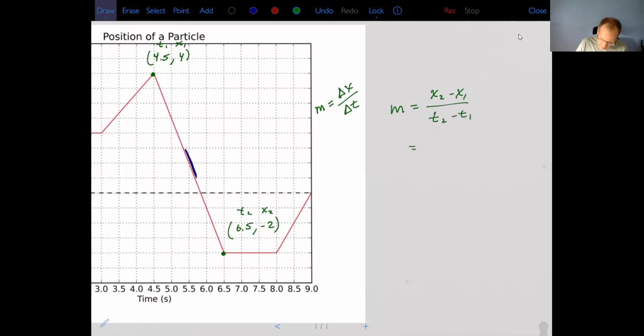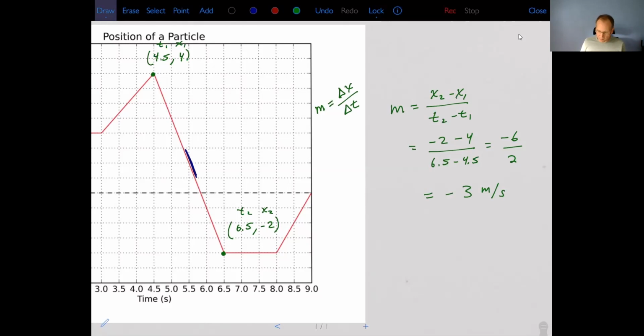In this case, it would be negative 2 minus 4 over 6.5 minus 4.5. Negative 2 minus 4 is negative 6. 6.5 minus 4.5 is 2. So this is going to be negative 3 meters per second.